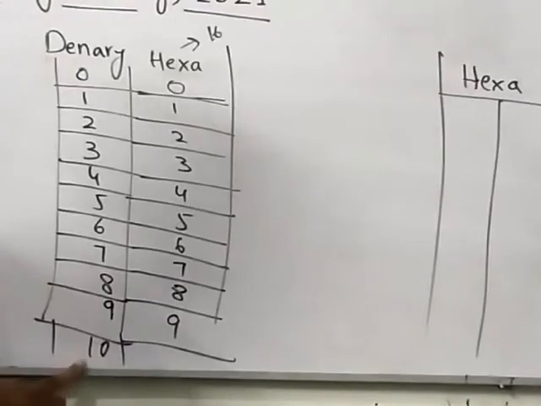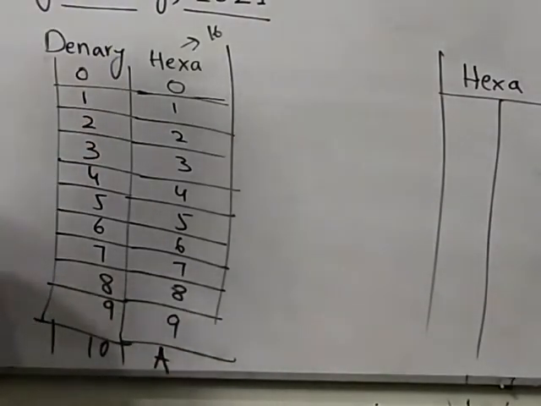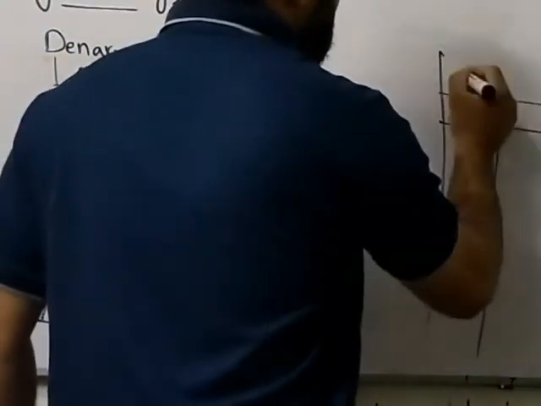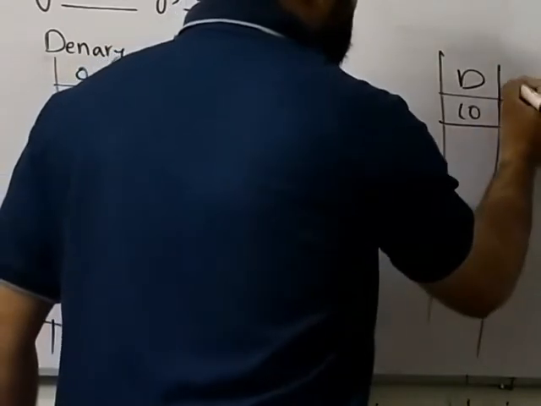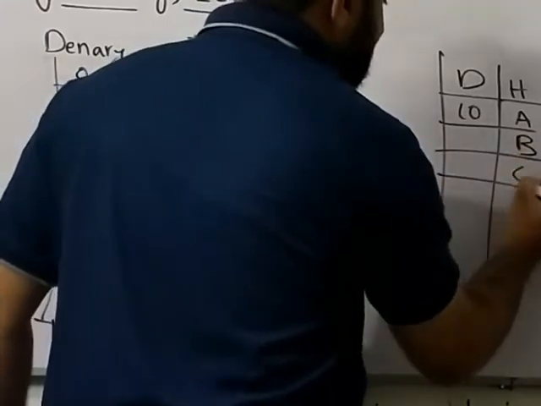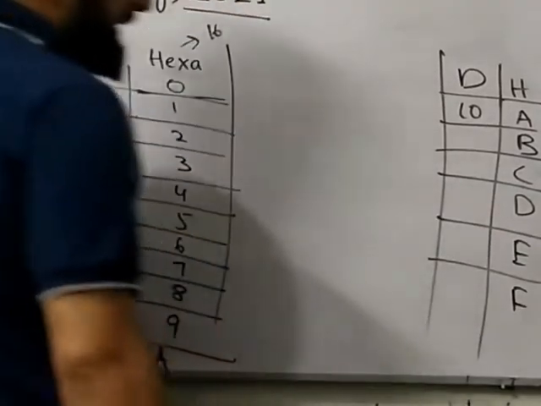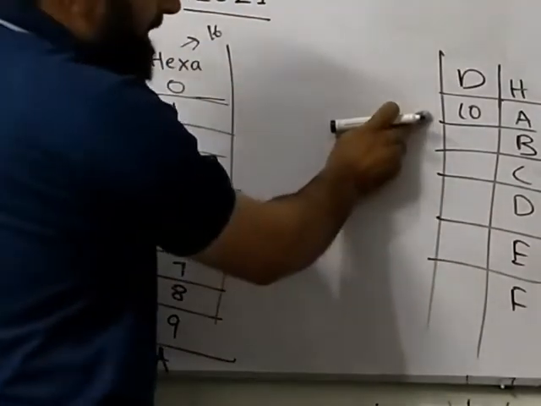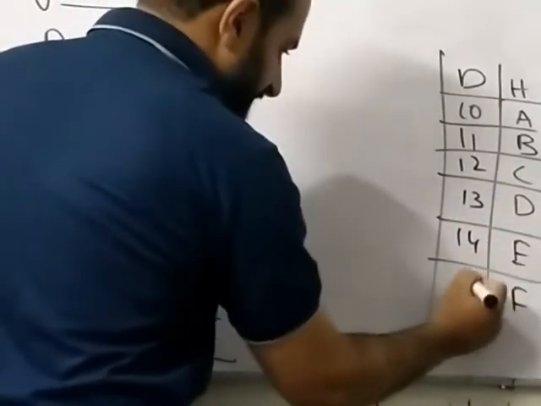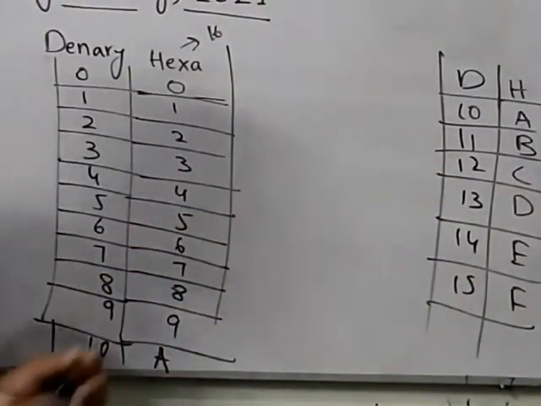So 10 is represented in hexadecimal by the letter A. Whenever I write 10 in denary, its hexa value is A. Then you can write B, C, D, E, till F. So this is 10 in denary, then 11, 12, 13, 14, 15. So from 0 till 15 we have 16 values.